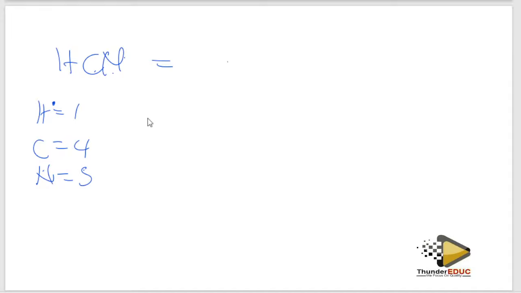So when you are now drawing, you have carbon, which is supposed to have 1, 2, 3, 4. Hydrogen is only 1, so that one is sorted. What about nitrogen? We said it has 5: 1, 2, 3, 4, 5. But now there is something unique here.